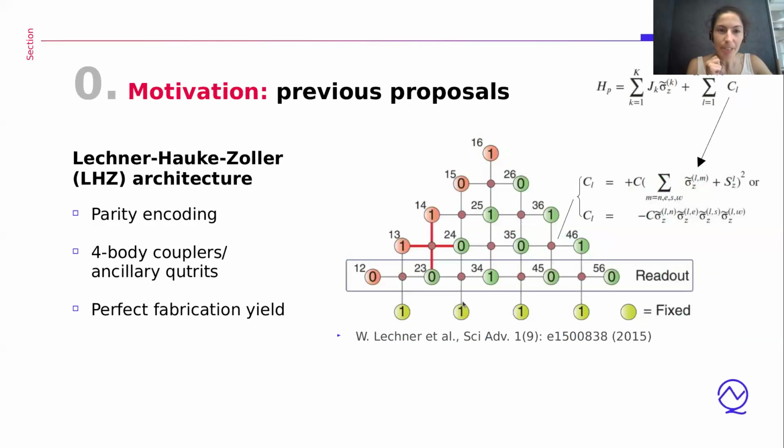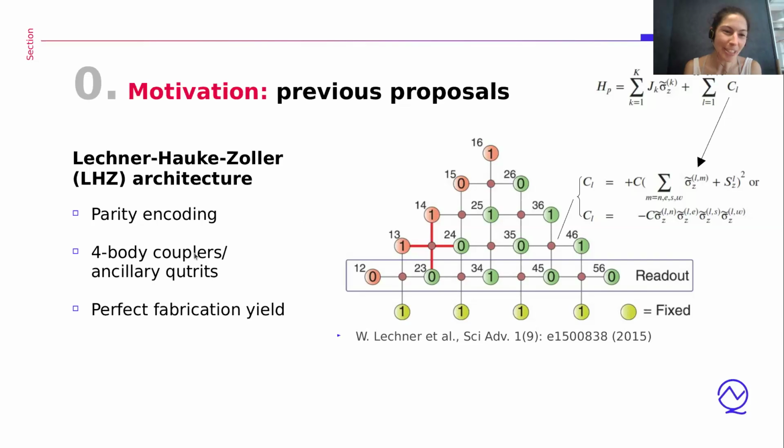Another approach is the LHZ architecture, which I'm sure many of you are familiar with, which consists of a parity encoding. Here qubits represent parity between variables, so instead of having n qubits, you will have of the order of n squared. This is a nice proposal because with this parity encoding the graph looks very nice and gives you a planar structure, which experimentalists really love.